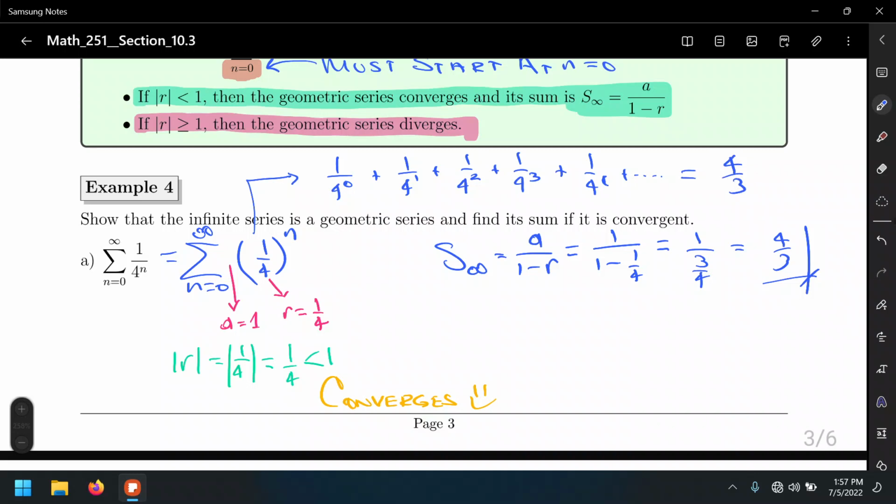Well, why are these called geometric series? That's because these kinds of series are typically used to model geometric shapes. For example, every time we do an iteration of computing this sum, we are dividing by 4 and then dividing by another 4 and then by another 4, like fractals. Have you heard the term fractals before?